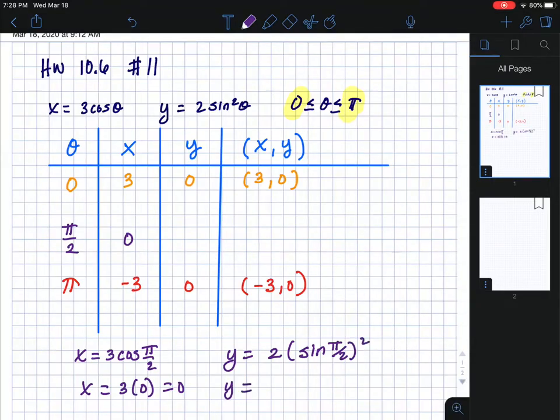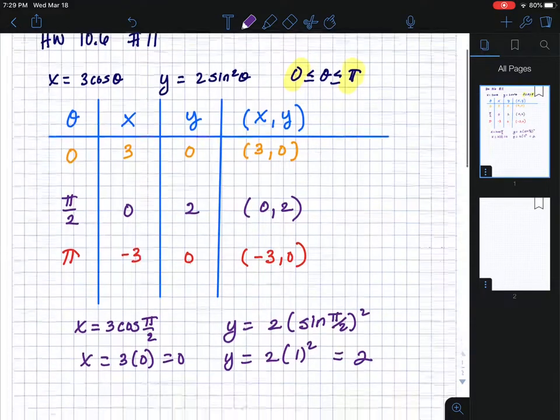We get y is equal to 2 sine 1 squared, which is just 2. So now we have 3 ordered pairs.